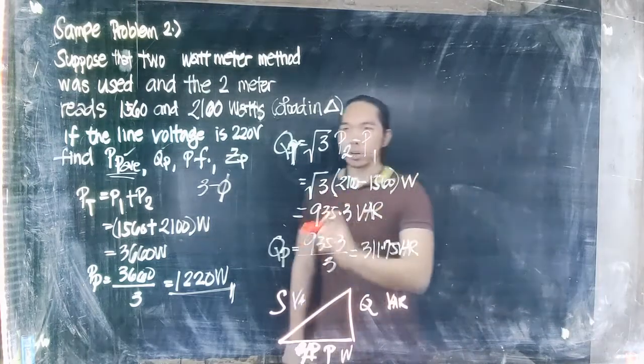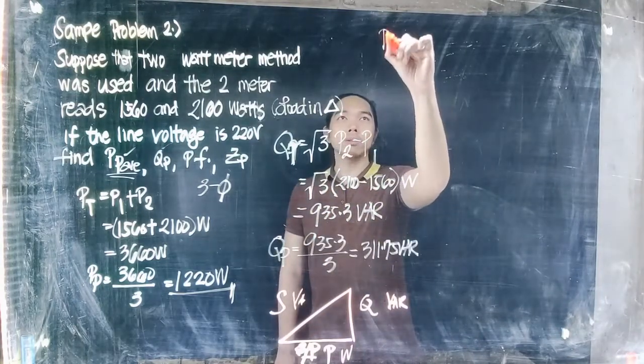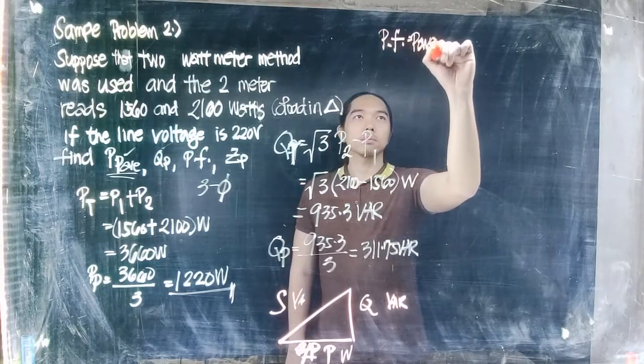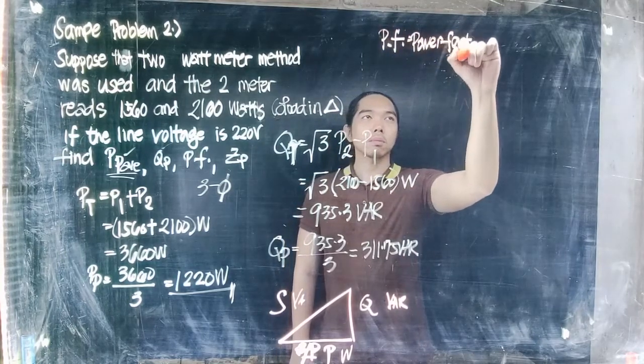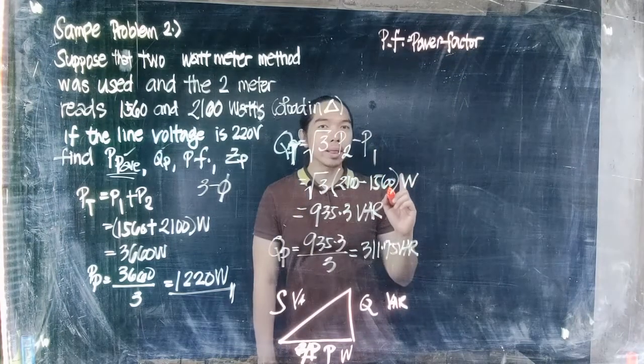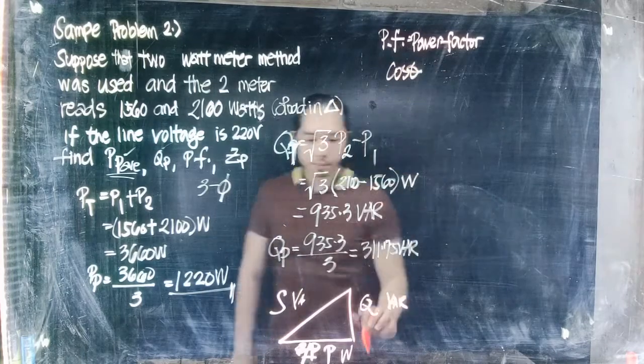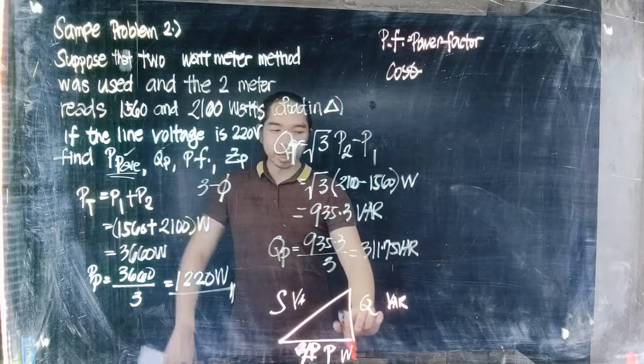For the power factor, PF, we know that power factor is equal to cosine theta. So what is our QT?